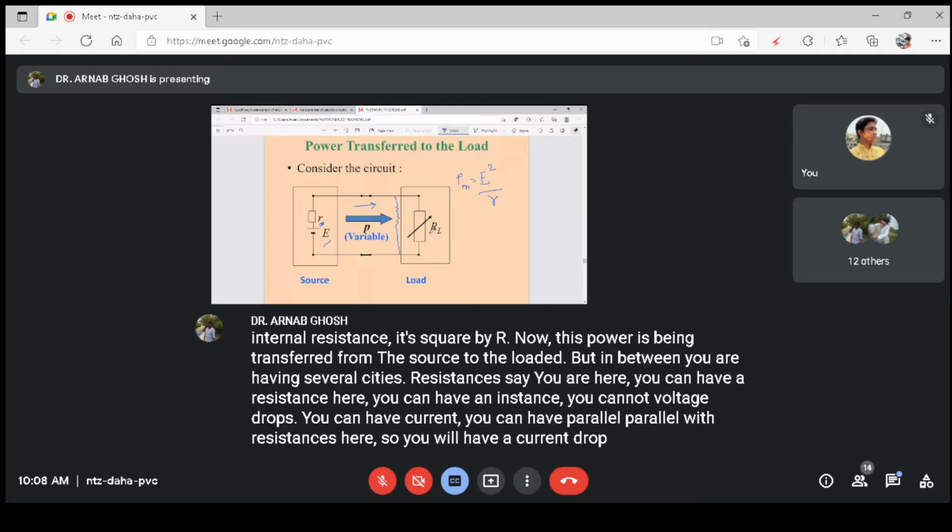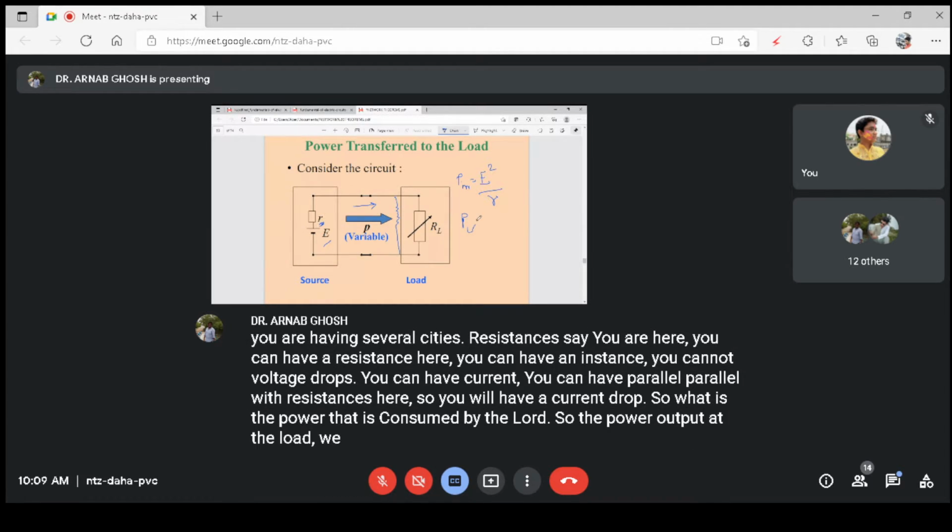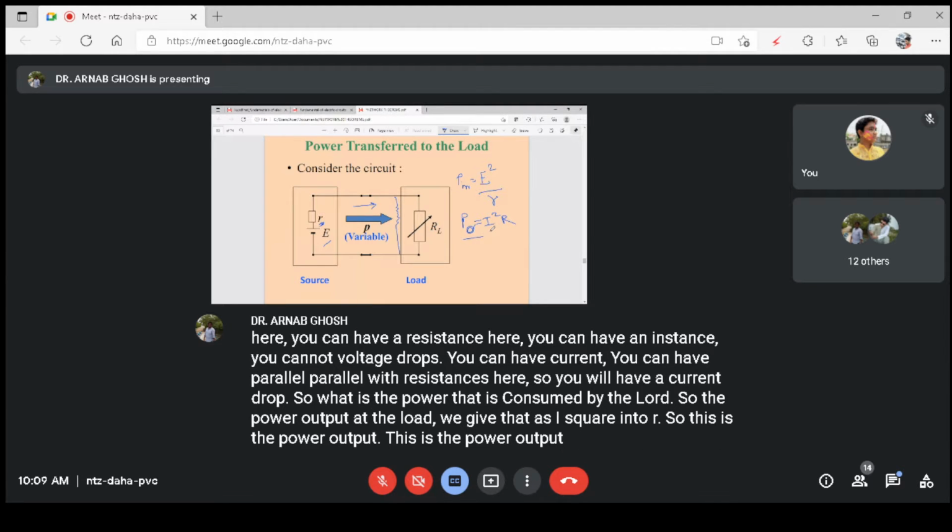What is consumed by the load, the power output at the load, is I square into R.